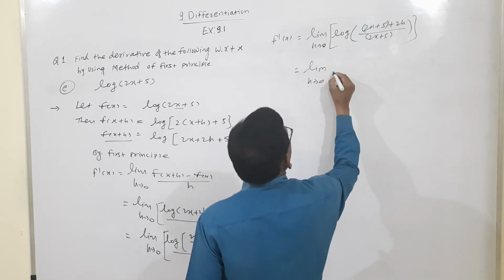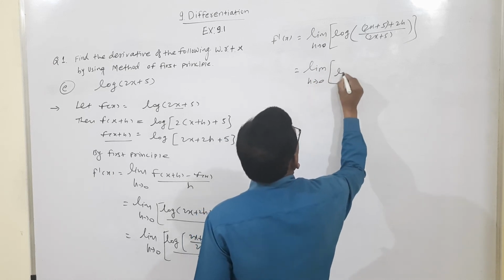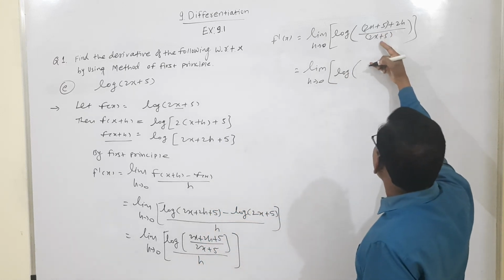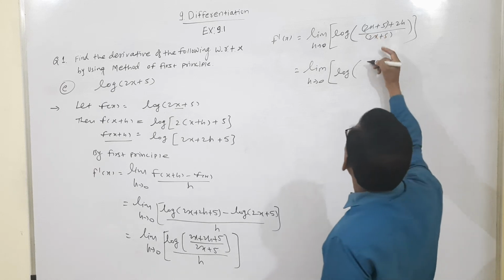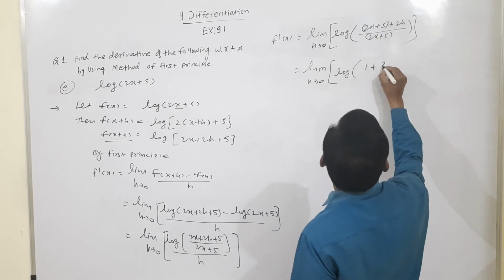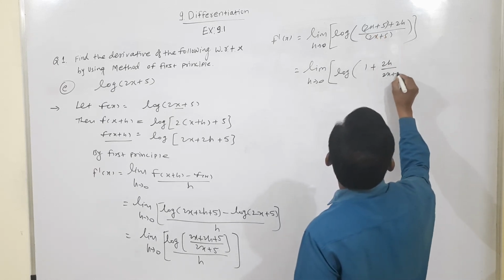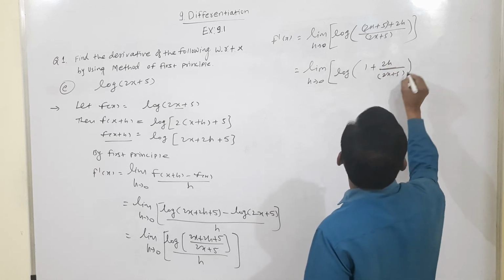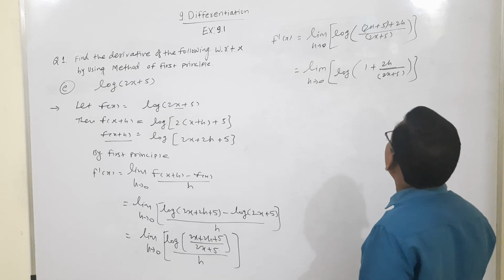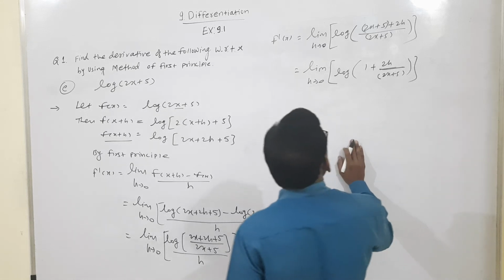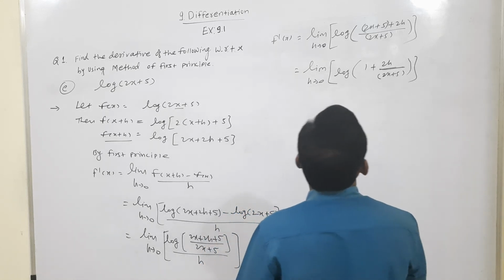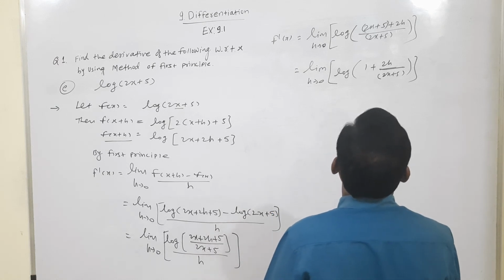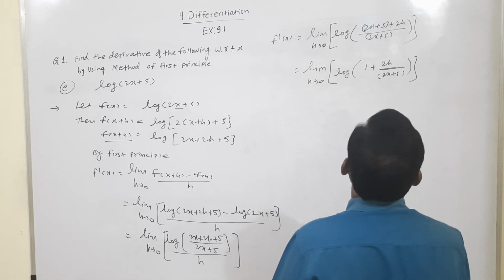So the limit as h tends to 0 of log of, we divide these two terms separately, so the same term, that's why it is 1 plus 2h by 2x plus 5. We divide each term by 2x plus 5. Then we take log of 1 plus x.